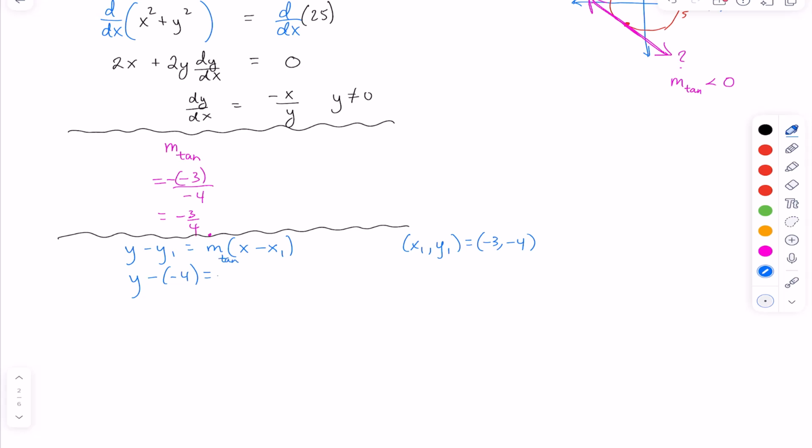The slope of the tangent line was -3/4. And there is the equation of the tangent line, with a negative slope as expected from your algebra experience.